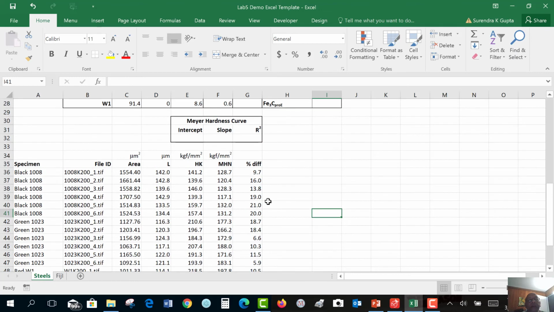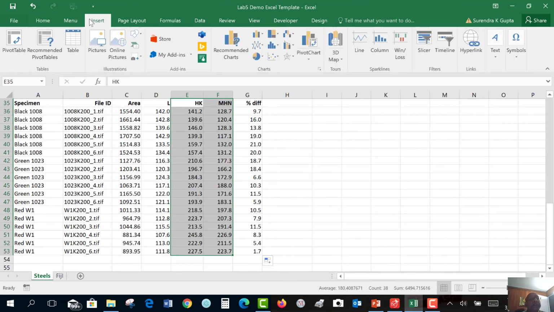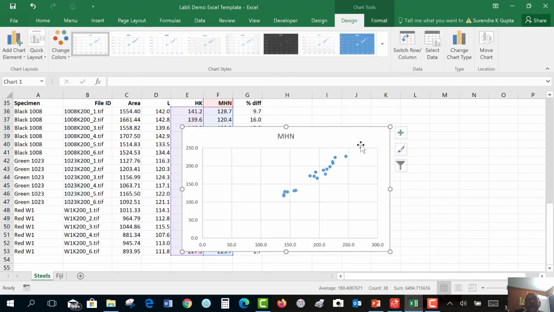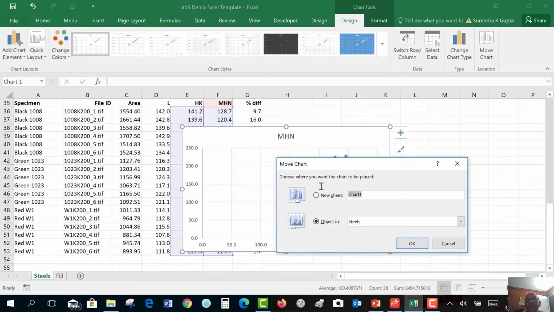Okay. So let's see how the Knoop hardness compares to Meyer hardness. So we are going to insert a plot. Move it to a new sheet.